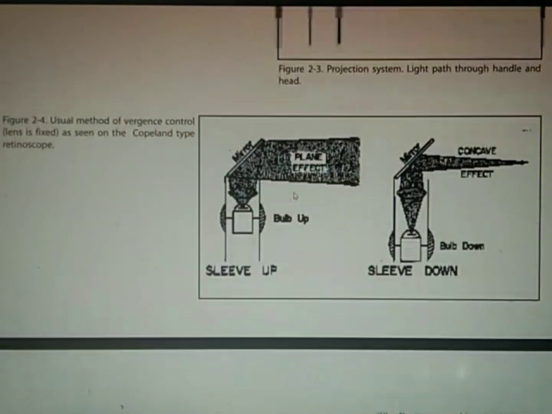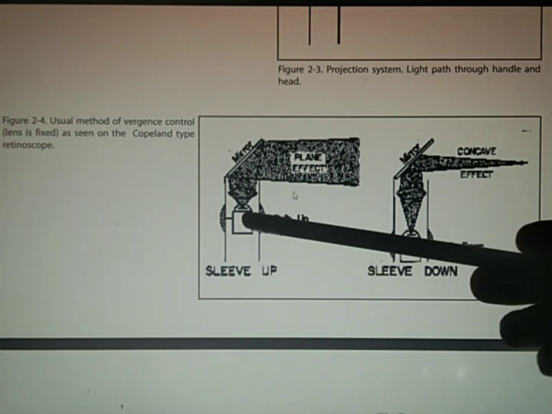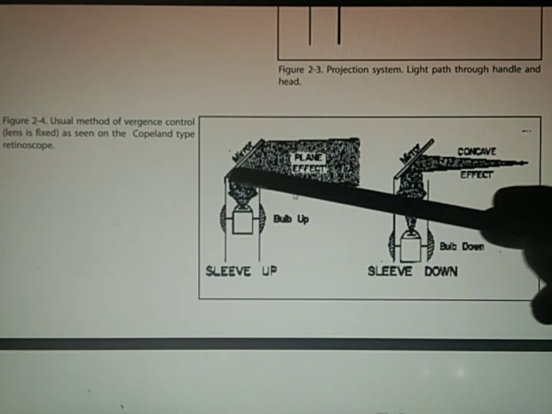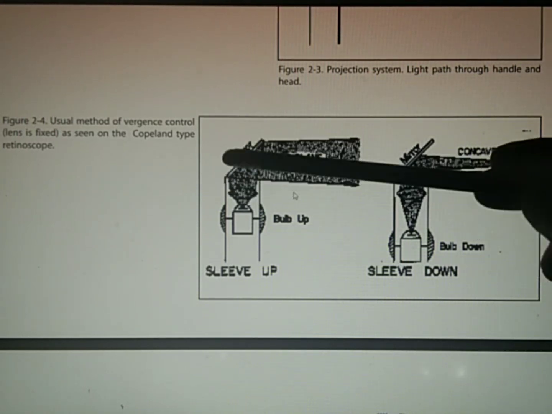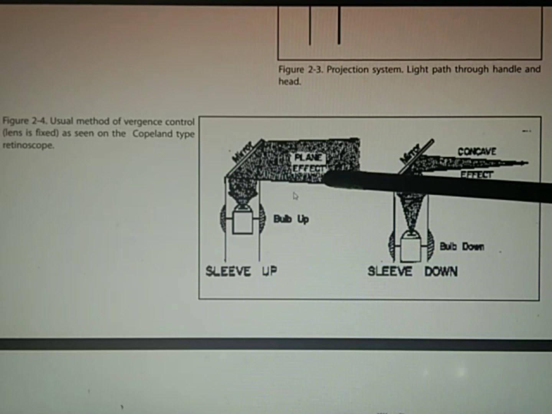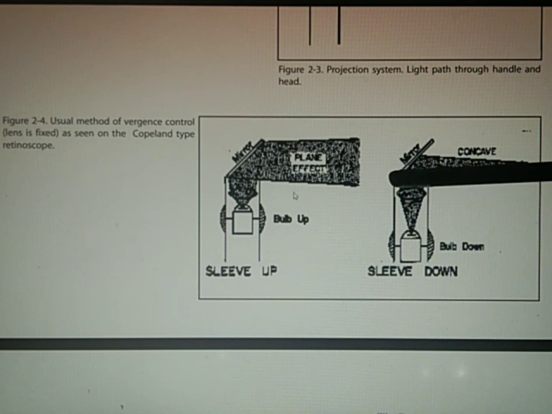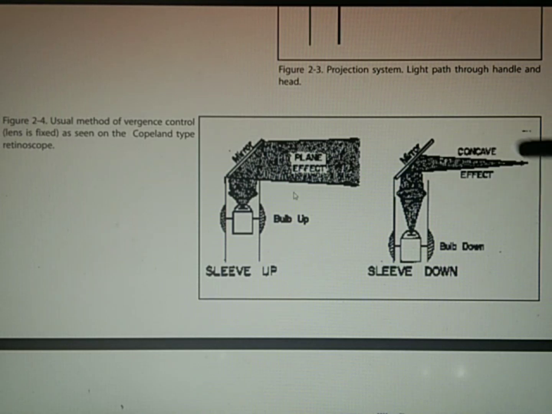Okay, so if we get the light bulb up, the light rays which will be bending from the mirror will be diverging and will cause a plano effect, whereas if the light bulb is down, the mirror will bend the light and it will form converging light rays, causing concave effect.